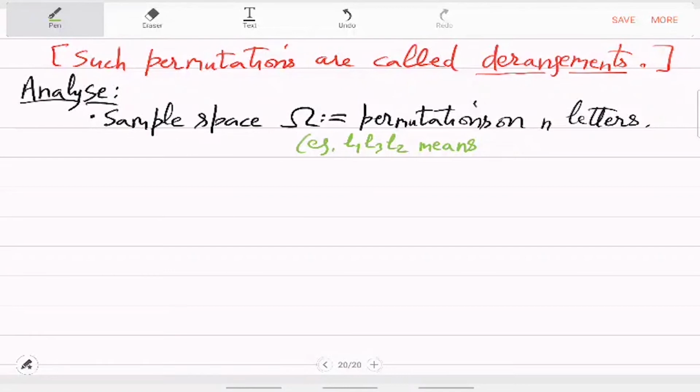Means L2, L3 are in wrong envelopes. Okay, that is the meaning. That is how you model this practical problem using the abstraction of permutations.